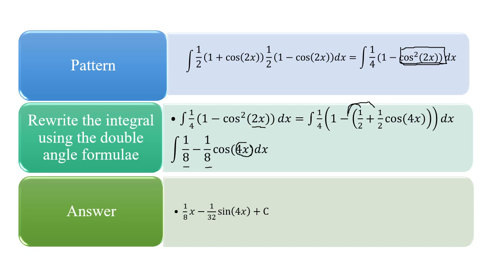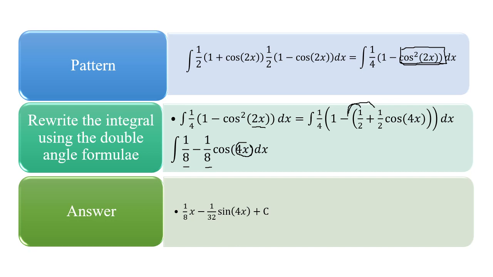So remember, if you were to differentiate, the derivative of cosine 4x will be negative sine 4x times 4. When you differentiate, you multiply the derivative by the derivative of the inside. Well, remember that integration is the reverse process. So when you integrate, instead of multiplying by 4, you divide by 4.